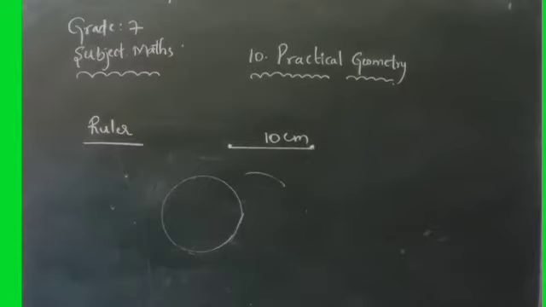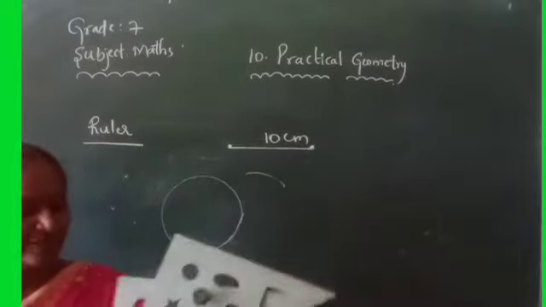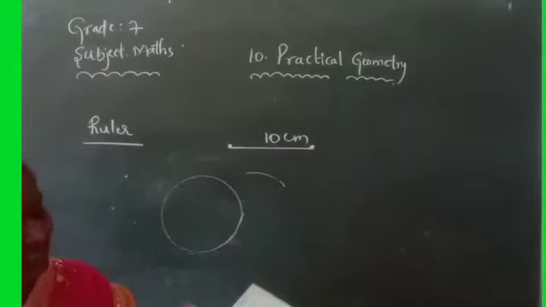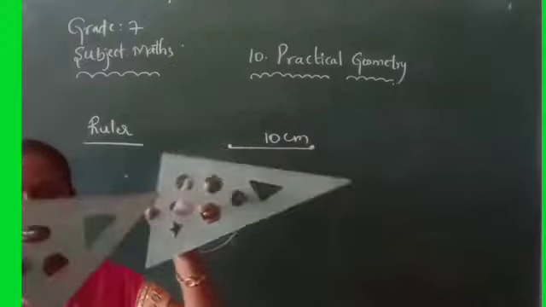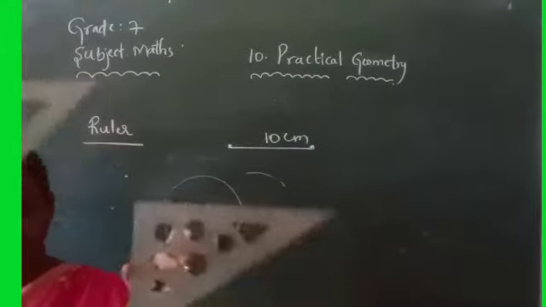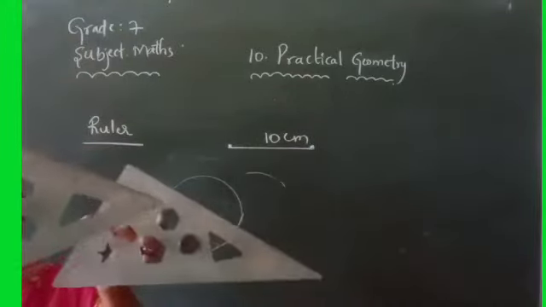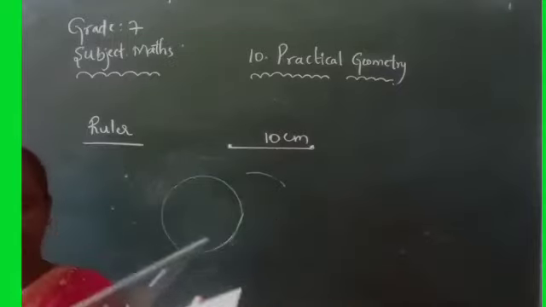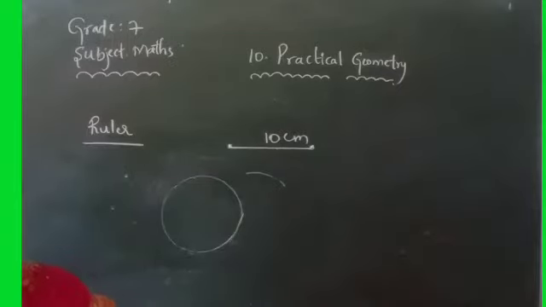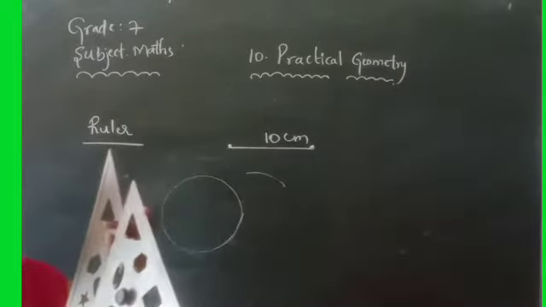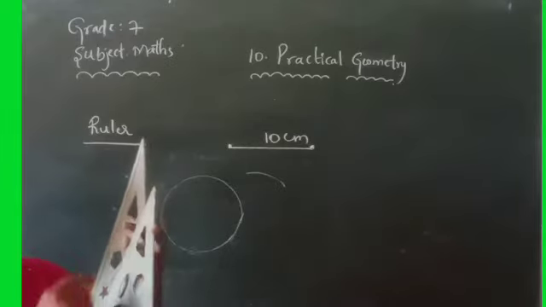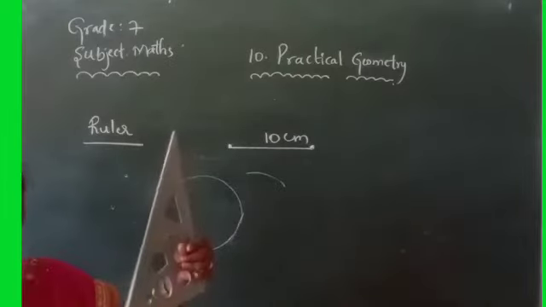And one more tool. Yes, one more tool. What are they? Set squares. Set squares are of triangular shape. These are two triangular pieces. In one of them, the angles are 90 degrees, 45 degrees, and 45 degrees, total 180 degrees.